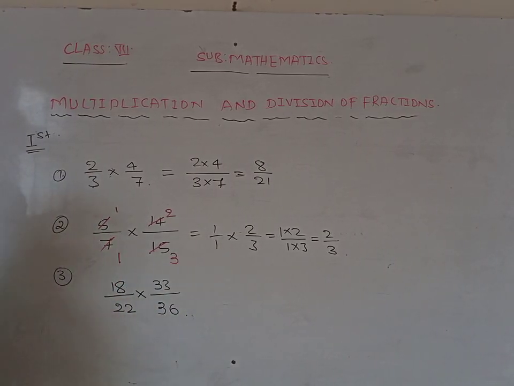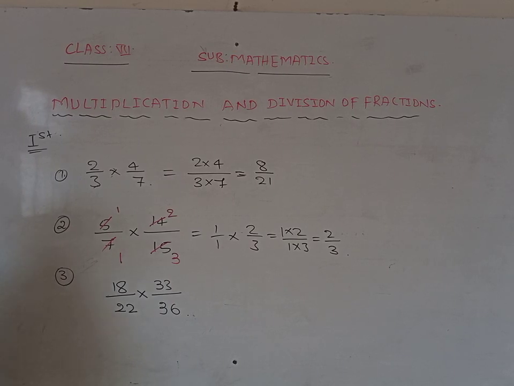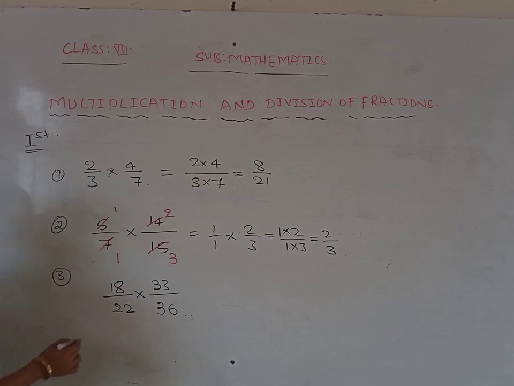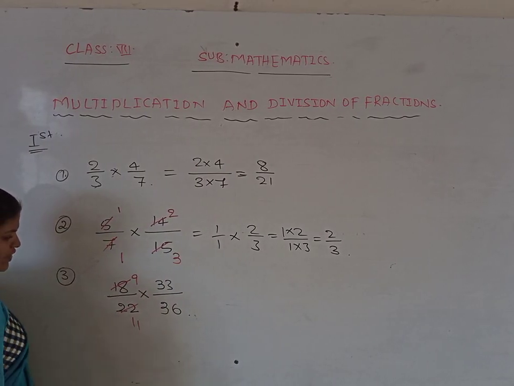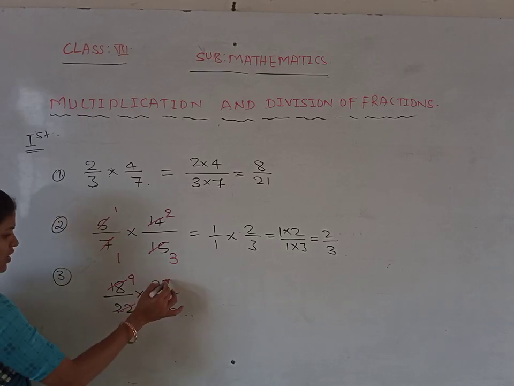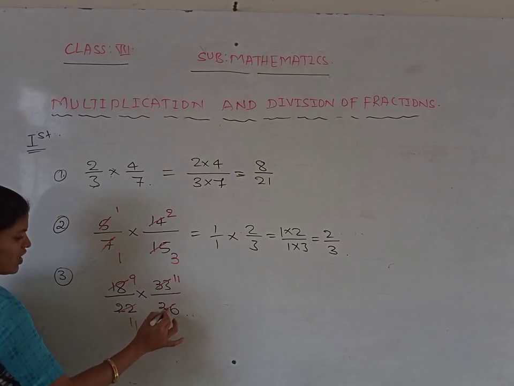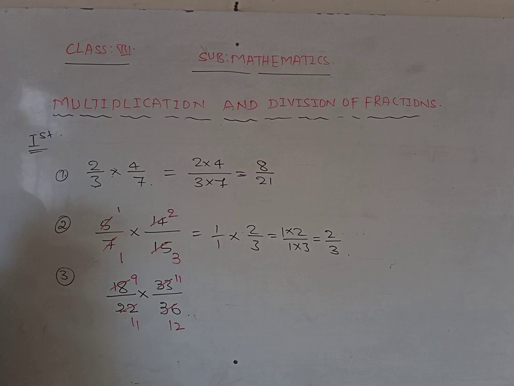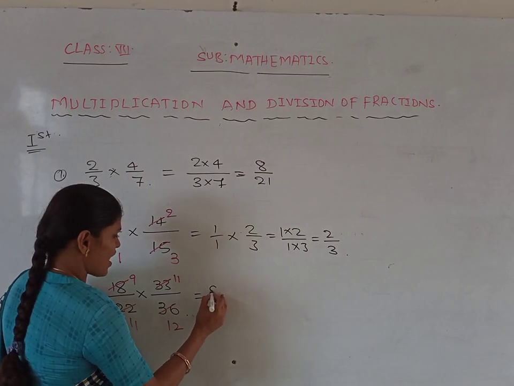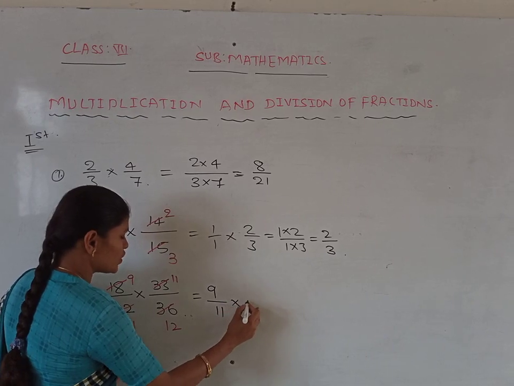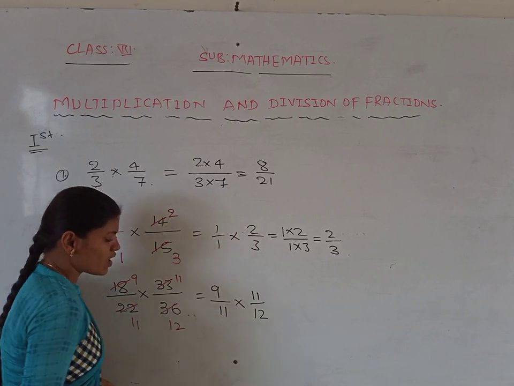You can remove that common factor by dividing each number by the common factor. 2 nines are 18, 2 elevens are 22. Then 3 elevens are 33, 3 twelves are 36. So the fractions remaining are 9 by 11 into 11 divided by 12.